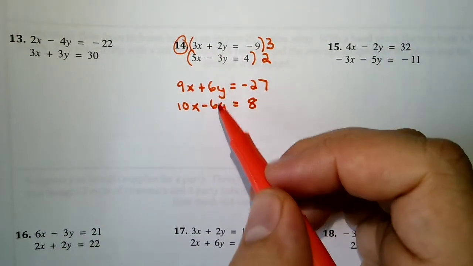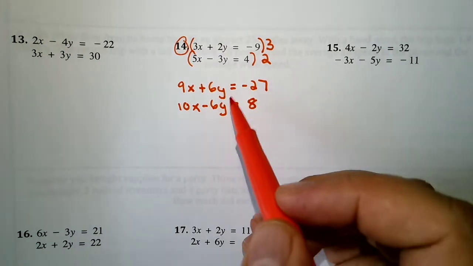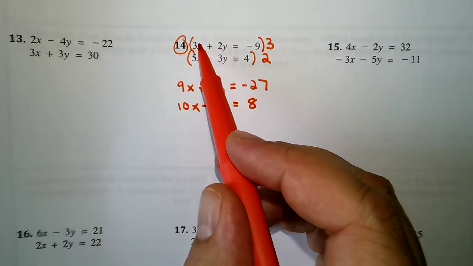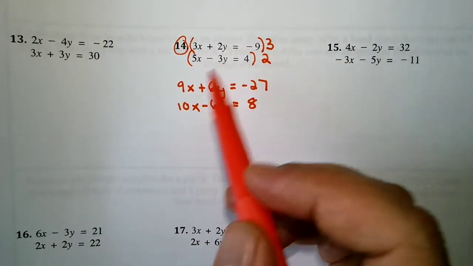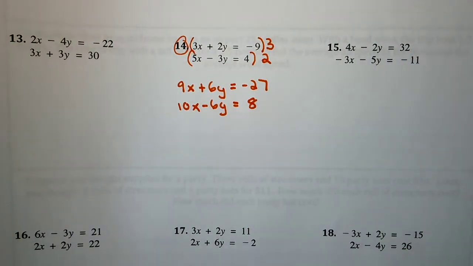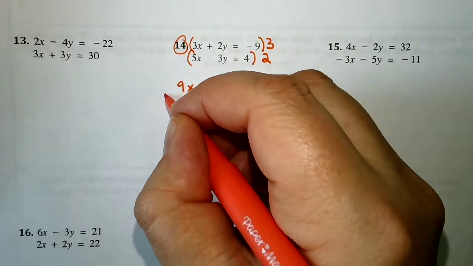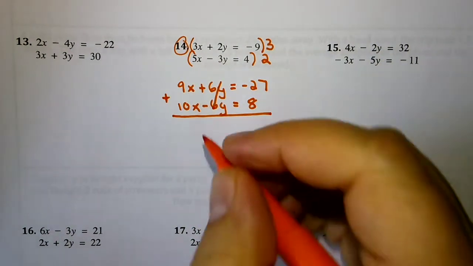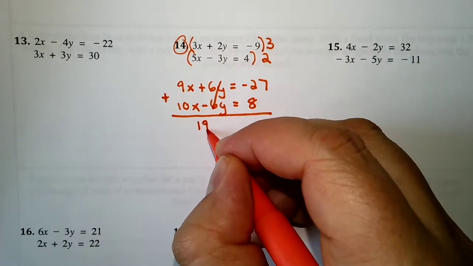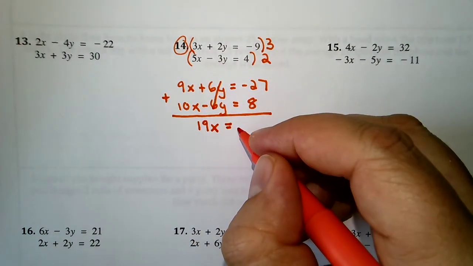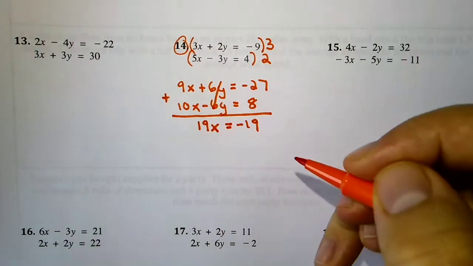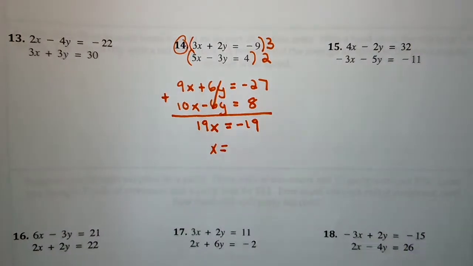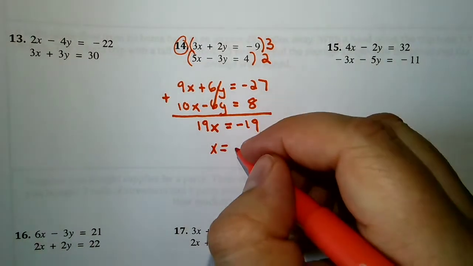So now my y coefficients match up, and I have not altered my equations because I've multiplied every number by 3 and every number by 2. So they're essentially the same equations if you were to graph them. I have a positive and a negative, so I add. And then I've got 19x equals -19. So you should get that x equals -1. I'm just double checking, make sure I'm doing this right, good.